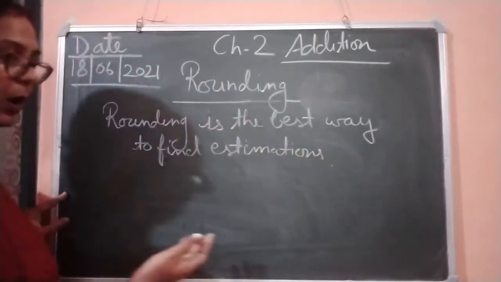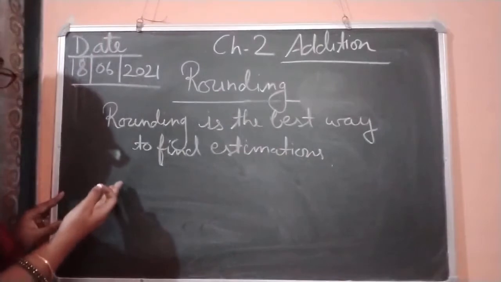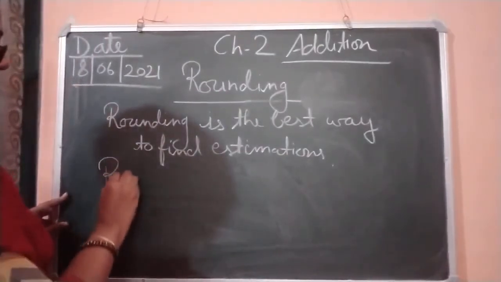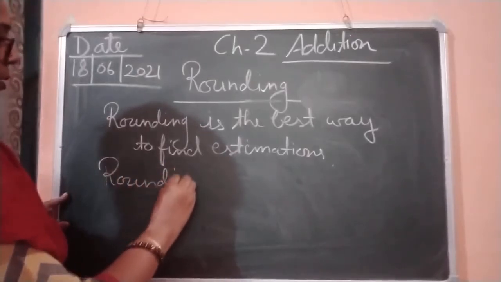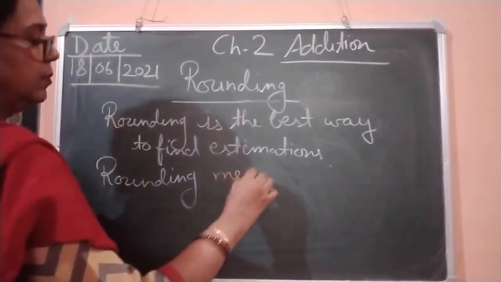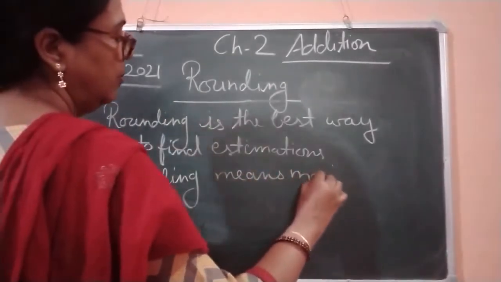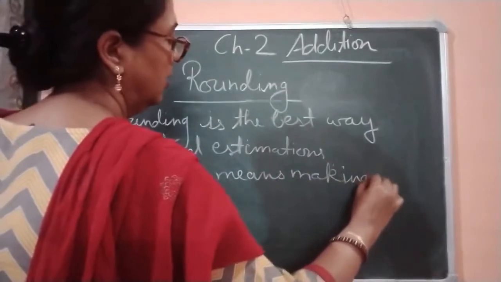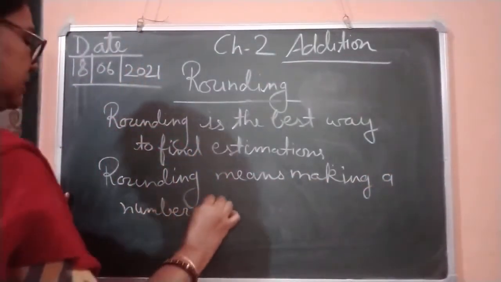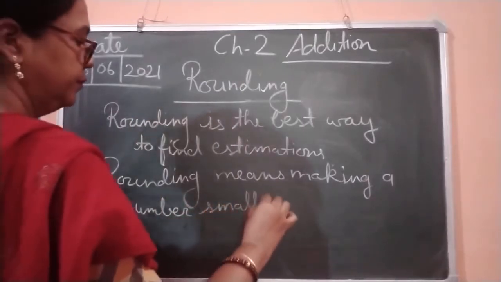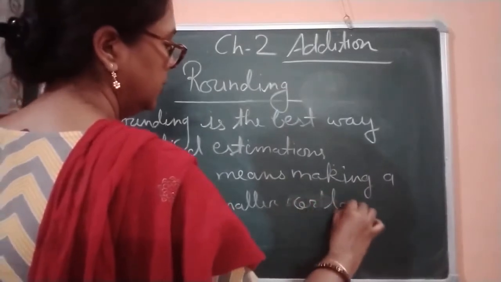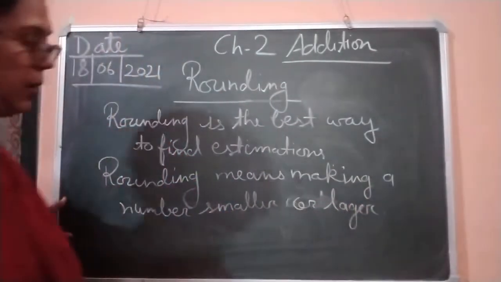And how can we round? Rounding means making a number smaller or larger. So that is the true meaning of rounding.